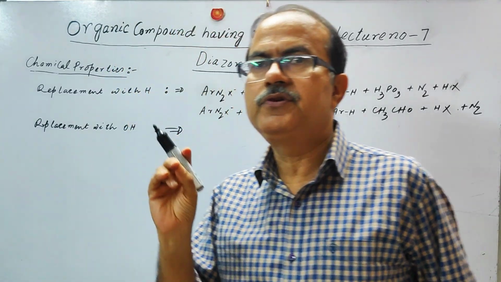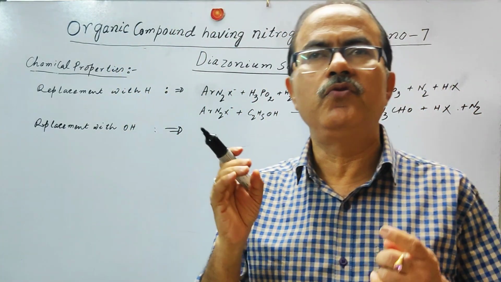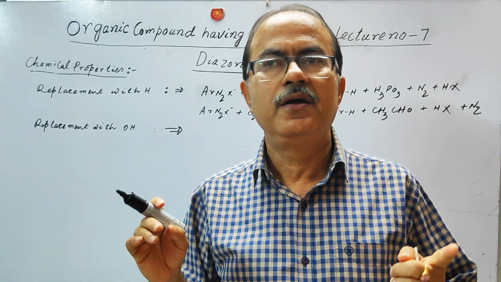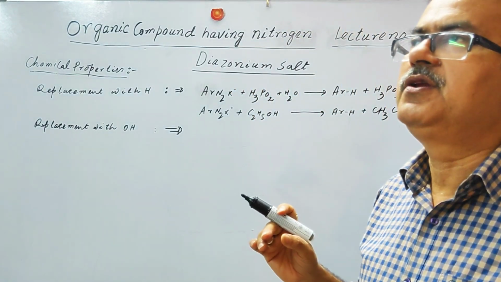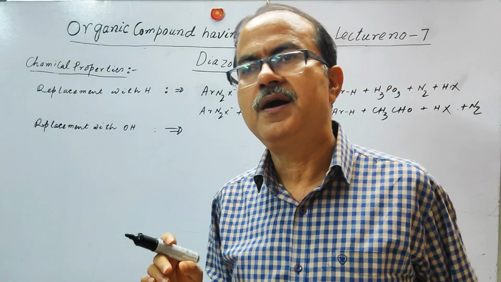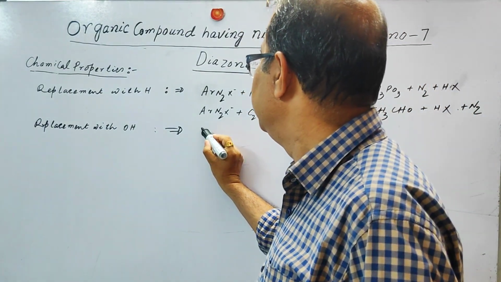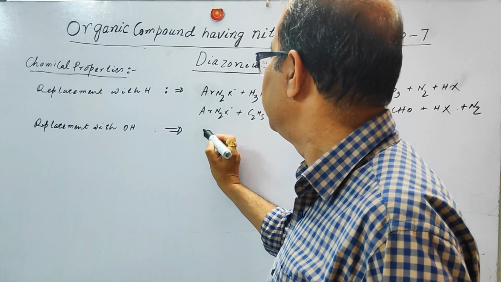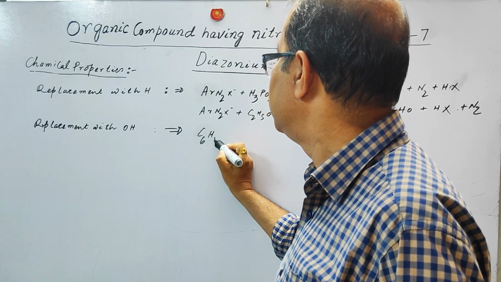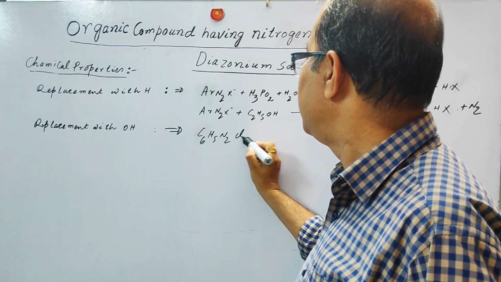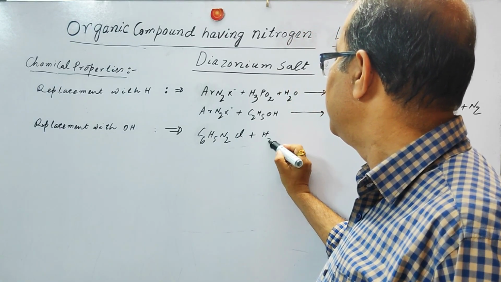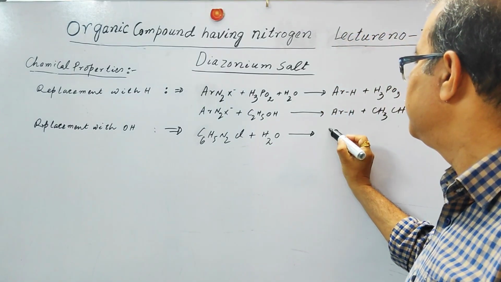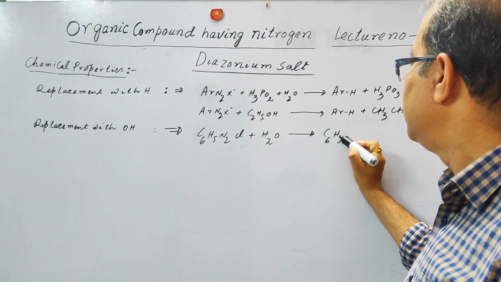We know the diazotization reaction is carried out at a very low temperature, but if we increase the temperature and use warm water, the diazonium salt with water is going to produce the phenol.